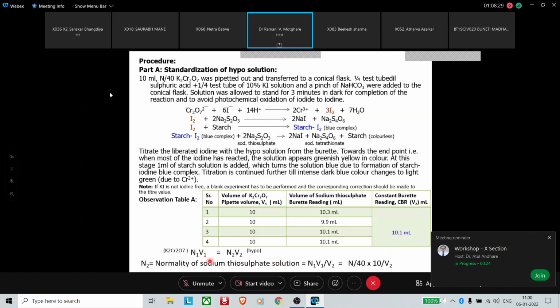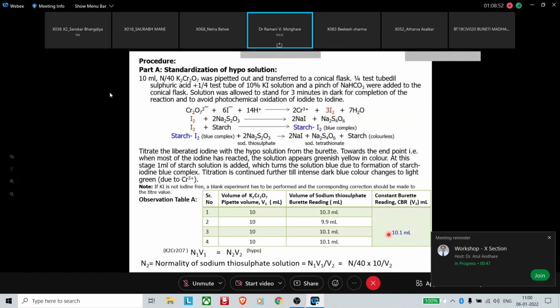What will be the normality of sodium thiosulfate? 0.025 N by 40, meaning 0.025 into 10 ml, is the normality and volume of dichromate, divided by V2.